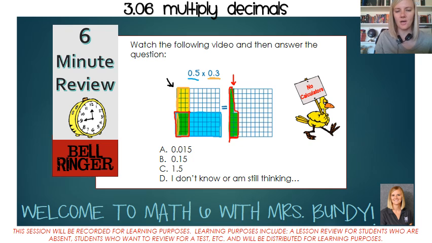And so our answer on this one is B, 0.15. We have 15/100 for our answer. If you're able to watch that video, it's pretty neat how you can see multiplying decimals in a model form.